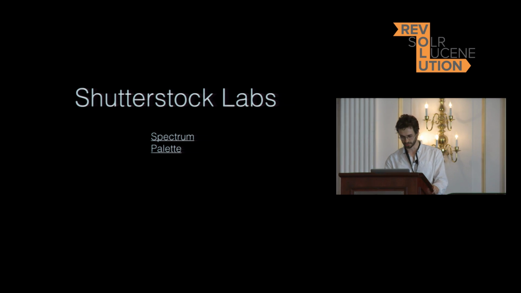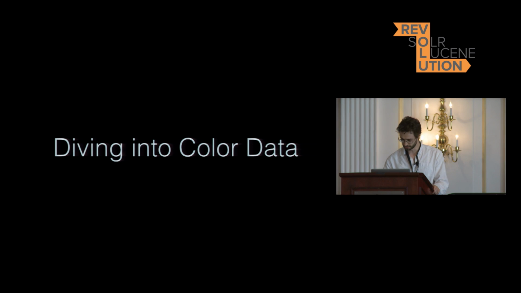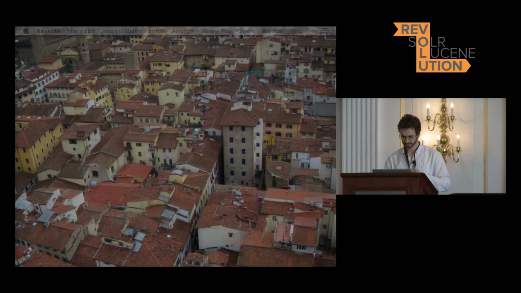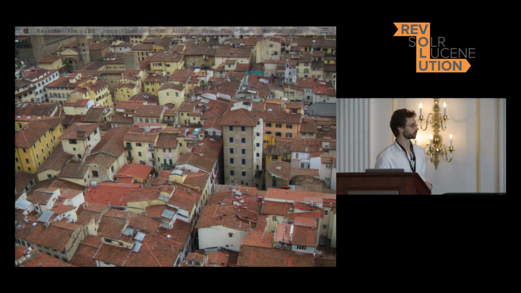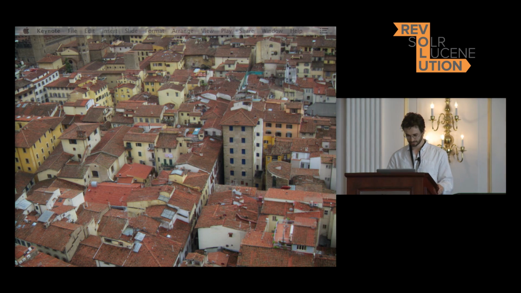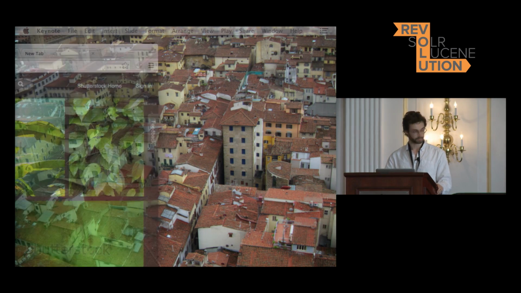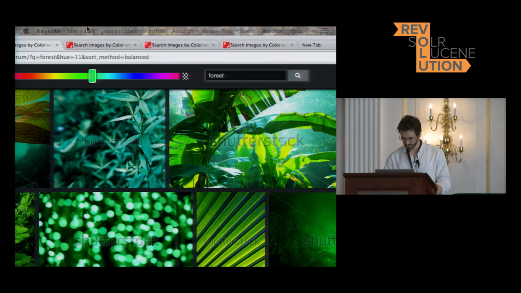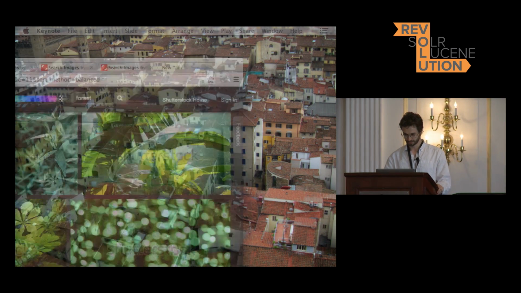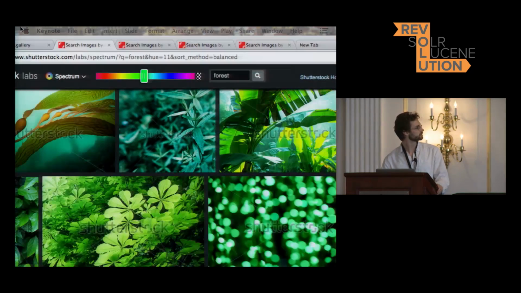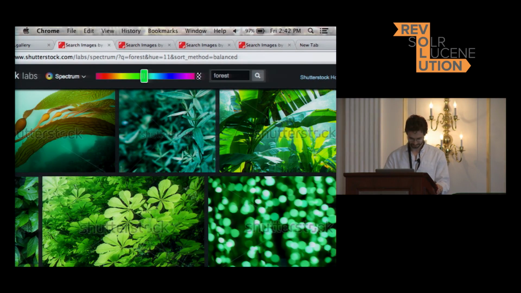One is called Spectrum, and clicking there did not actually launch it. So this is Spectrum, which you can't actually see here. Somewhere there's a mirroring option here. I'll just shrink that, slide that over there. Well, that kind of sucks.